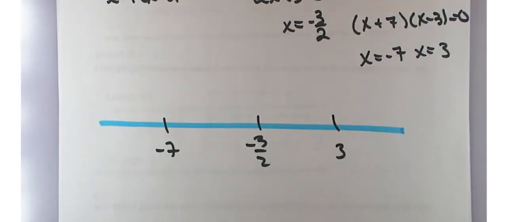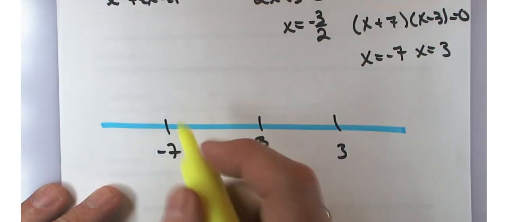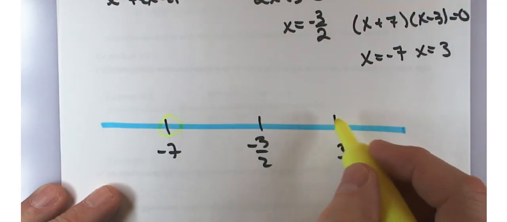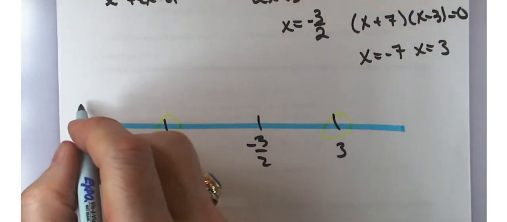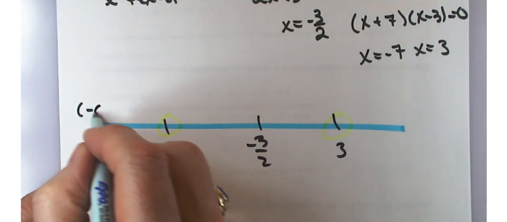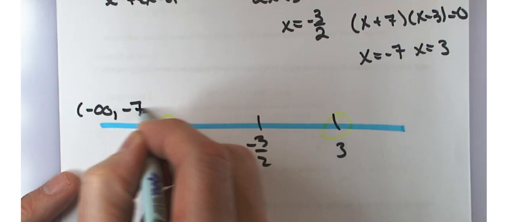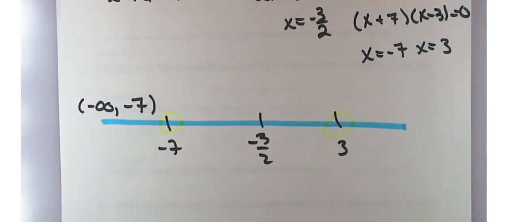And maybe you want to give yourself a little bit of a reminder. We can't use points at negative 7, nor can we use points at 3. So the intervals that we get are going to be negative infinity to negative 7 with the parenthesis, because I can't use that negative 7.